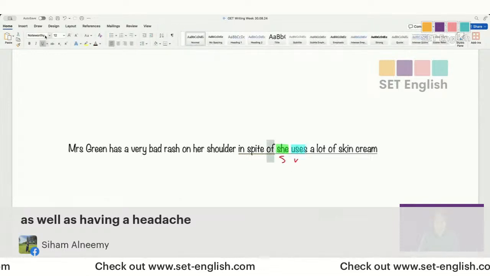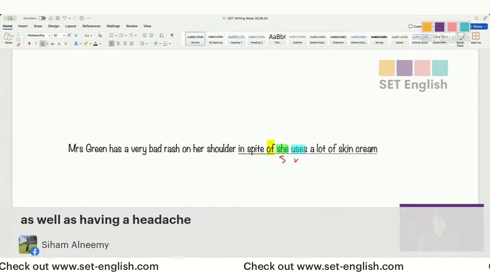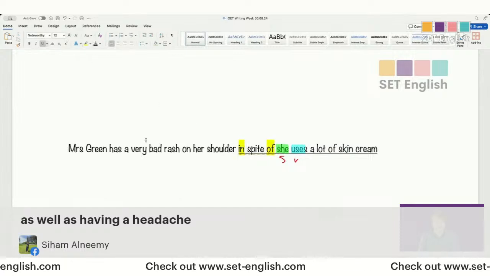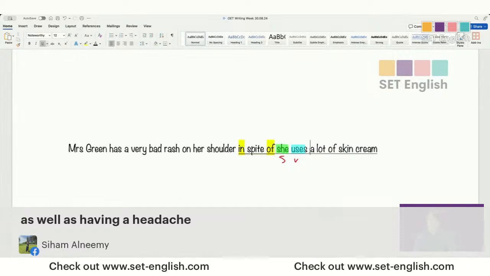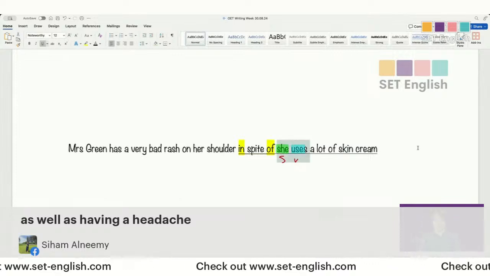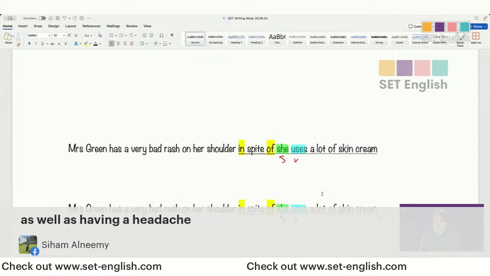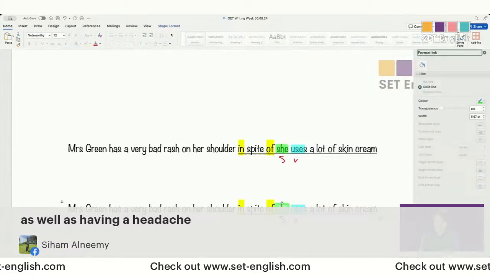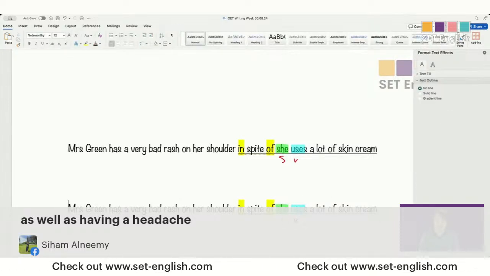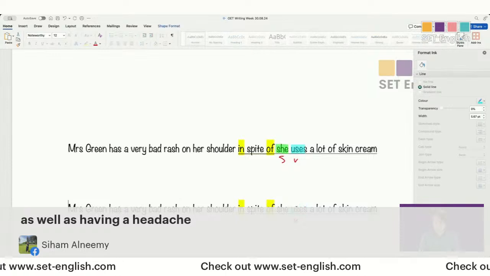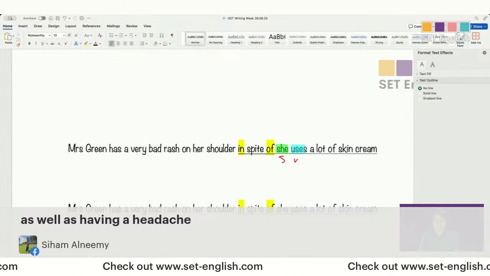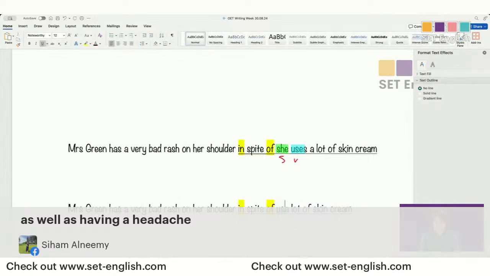"In spite of" is a preposition, so we can't do it. What would we do? Very simple. Delete the subject, change the verb to ing. So delete "she". She's gone. Change the verb to ing: using.